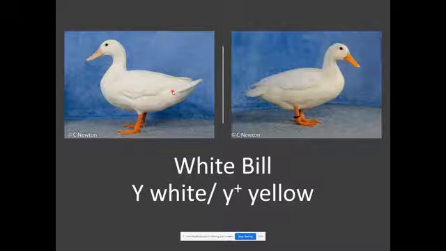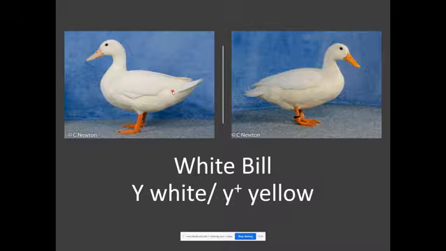But this white bill gene is also the same bill that we see in Aylesbury ducks, for instance, and would be part of the colour pattern difference between an Aylesbury and a white Runner.